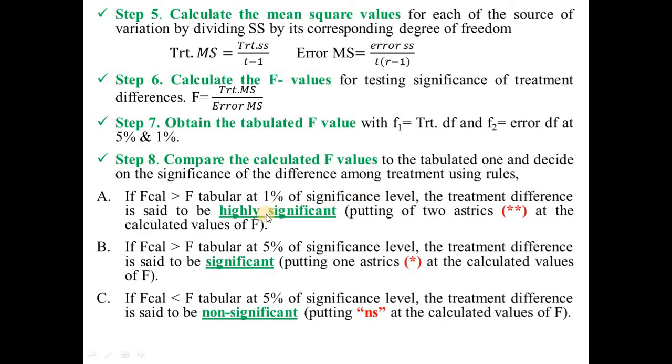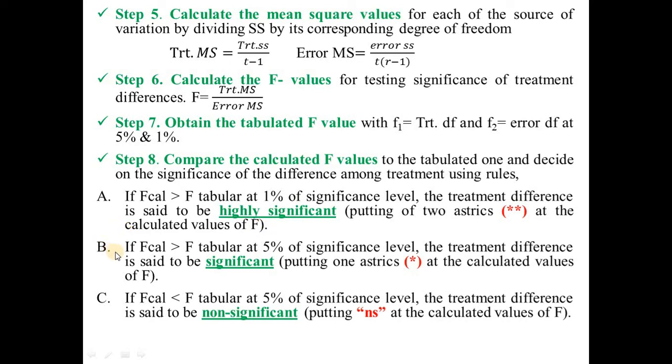That means there is a highly significant difference between the treatments, and you designate it by putting two asterisks at the calculated value of F in the ANOVA table.